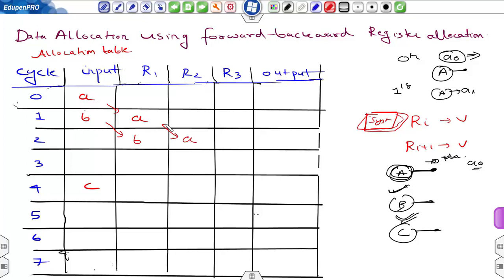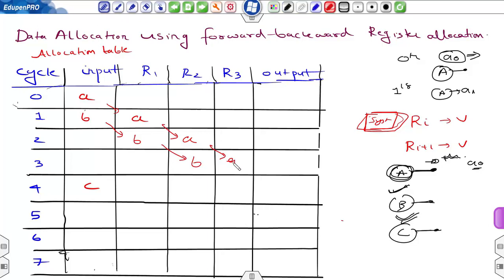This is the sequence: first the computational unit will produce the variable, then it will shift to register R1 in the next cycle, and then R2 in the next cycle, and then R3. So this is the sequence: Ri+1, Ri+2, like this. In the next cycle A will be shifted to R3, and B is shifted to R2.